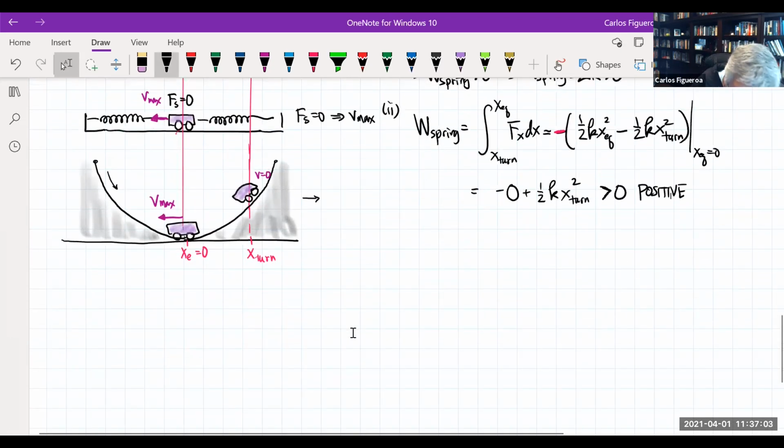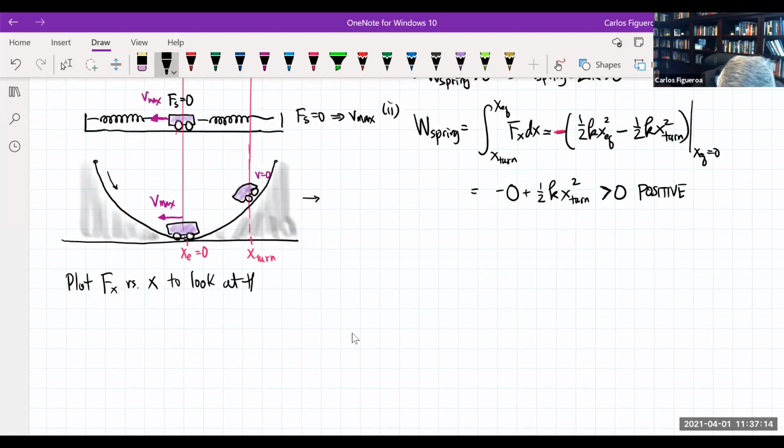So now we need to plot f of x versus x to look at the area. So let's look at this thing. The first thing that I'll do here, as I did before, is that I still have my displacement being plotted here. And this is, of course, the spring force, which is minus kx.